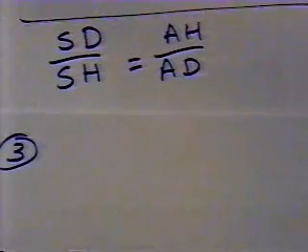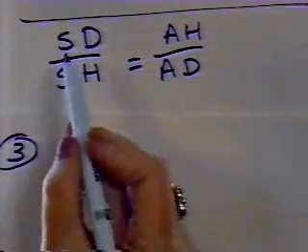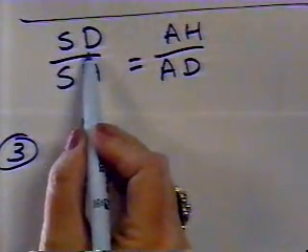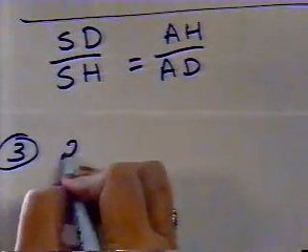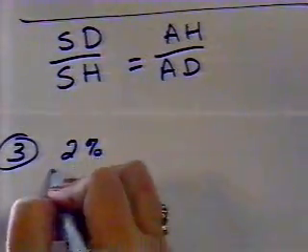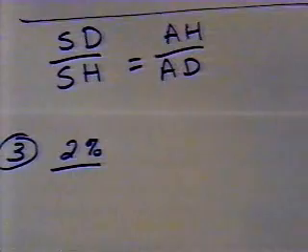Number 3 says a graduate is just a solution, contains 50 milliliters of a 5% solution. How much 2% can be made? I want the strength desired. The strength desired is 2%. That's what I want to make.